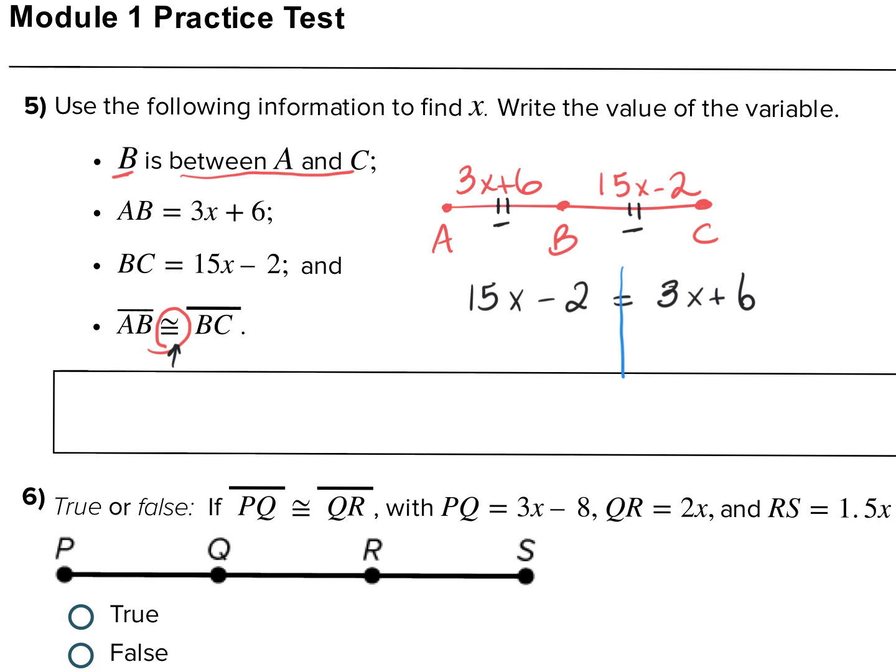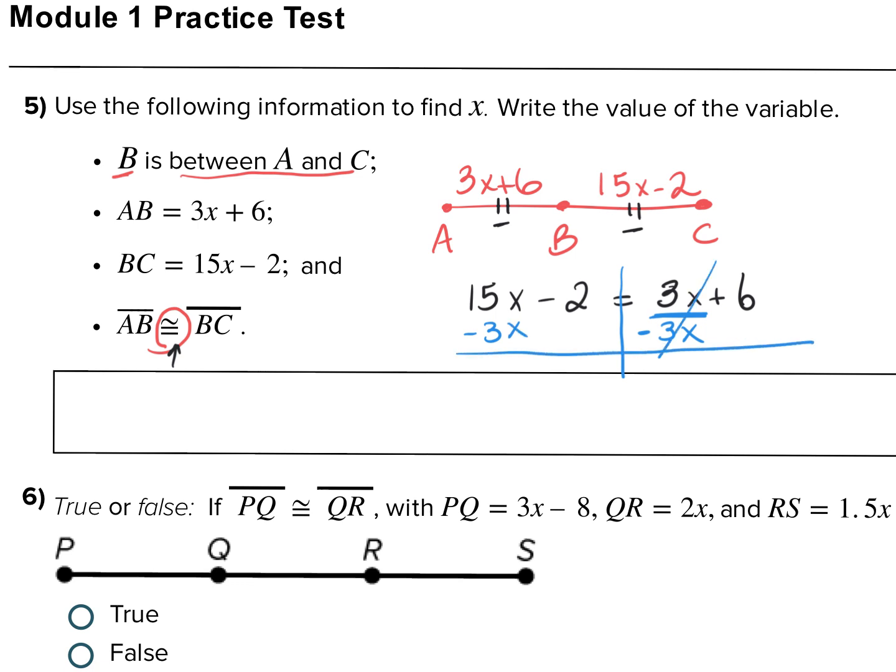So that leaves me to step number 3, which is to move all of my variables to the left by either adding or subtracting. So here's my 3x, and I need to get it to the left-hand side of my equal sign. So to do that, because 3x is positive, I'm going to subtract 3x from both sides.